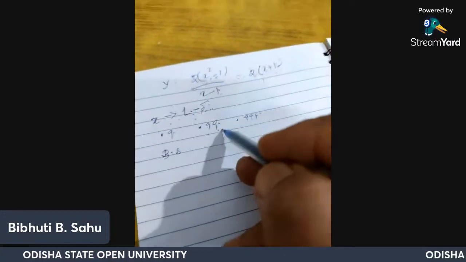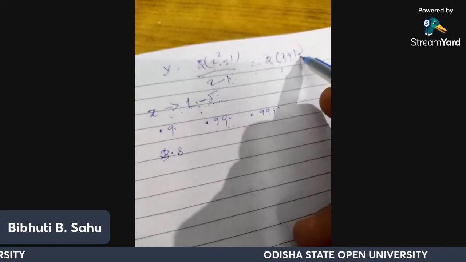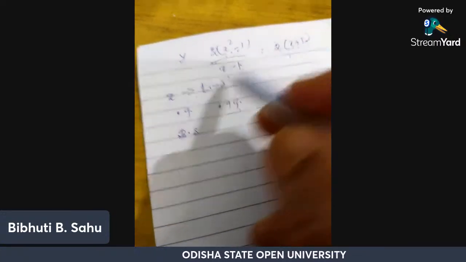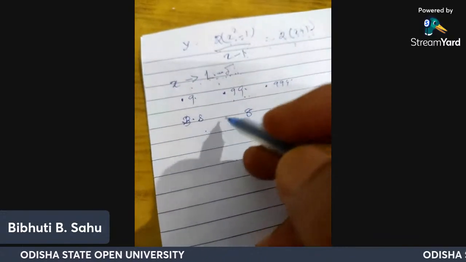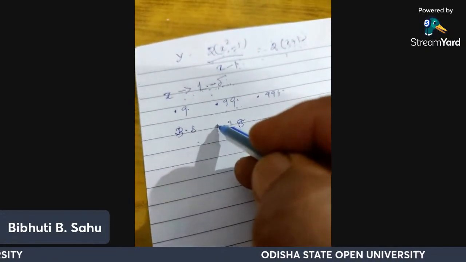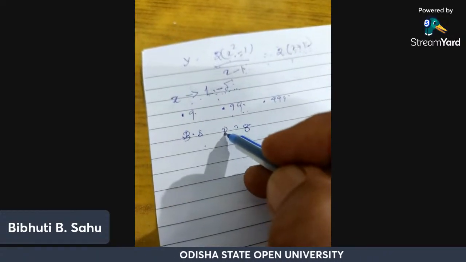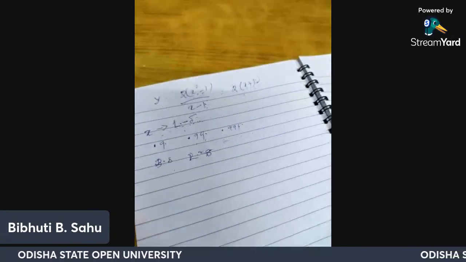If it is 0.99, then it is 1.99 into 2, that is 3.98. Likewise, you can find the different values.